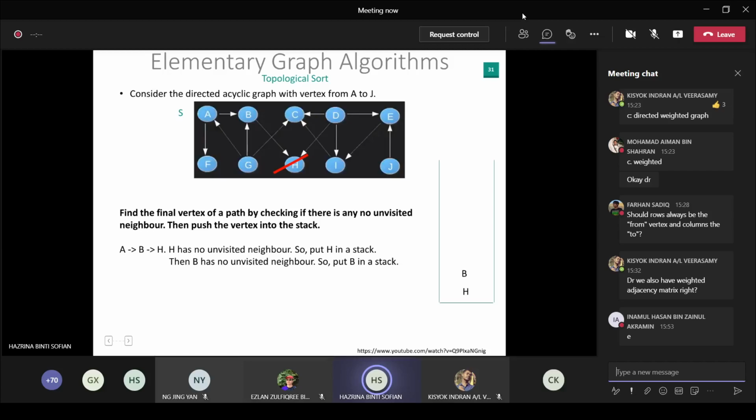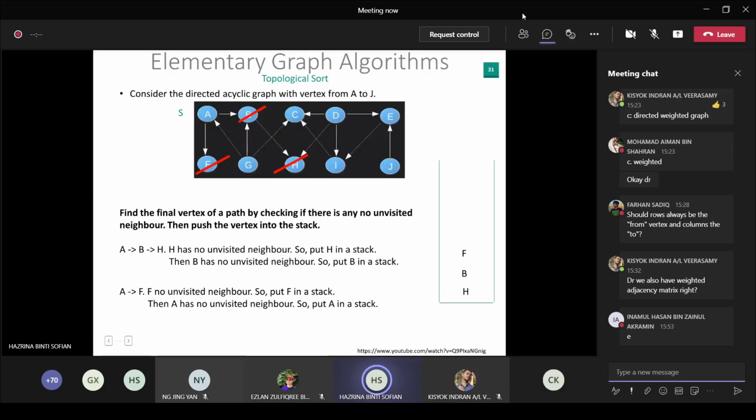We put B in the stack. Next we check A. A can still visit F. So we check F. F has no way to visit, therefore we put F in the stack.